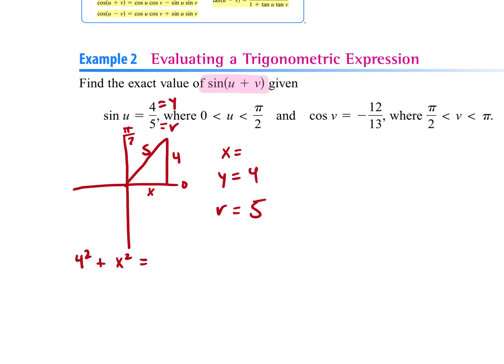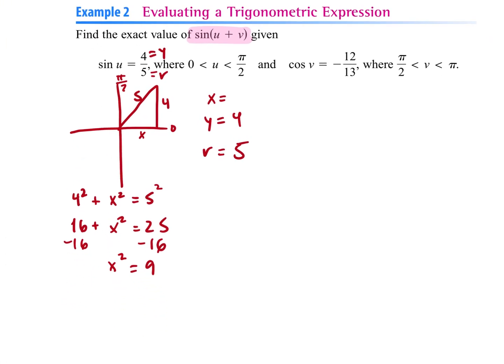And my hypotenuse is 5, so this would be 5 squared. So 16 plus x squared equals 25. Subtract 16. X squared is equal to 9. So what's x equal to? 3. X is equal to 3. Is it a positive 3 or a negative 3? Positive, because I went to the right, so it's positive. X is positive over here.